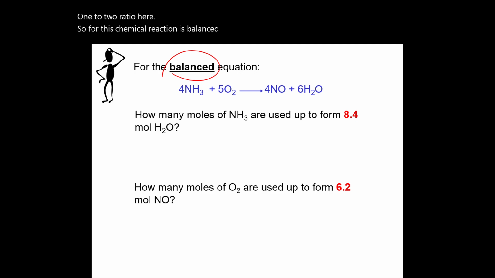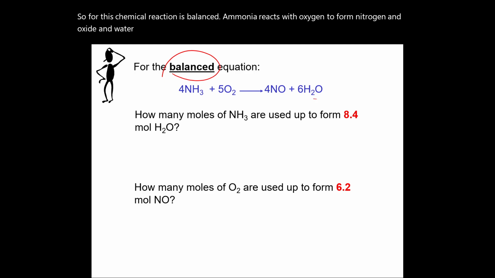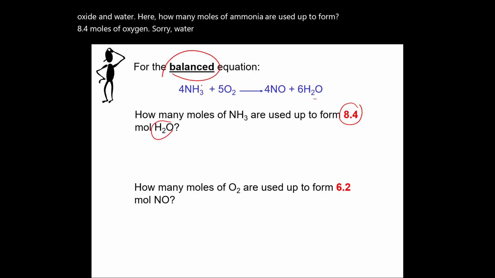Ammonia reacts with oxygen to form nitrogen monoxide and water. How many moles of ammonia are used up to form 8.4 moles of water? Again, here we're comparing ammonia and water.